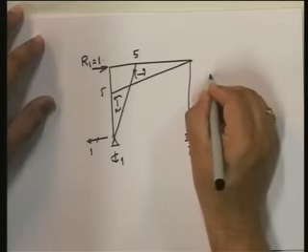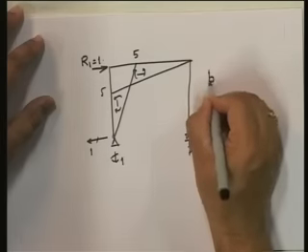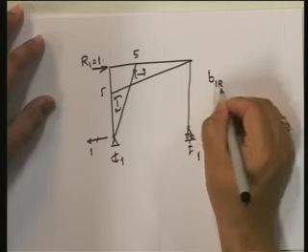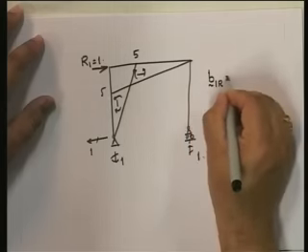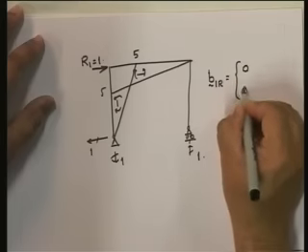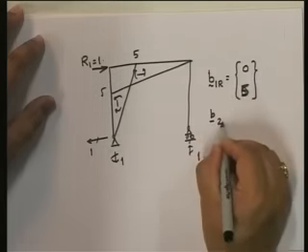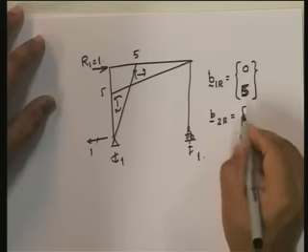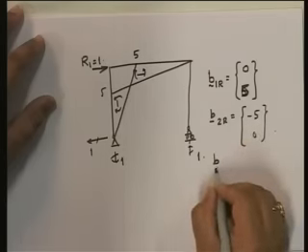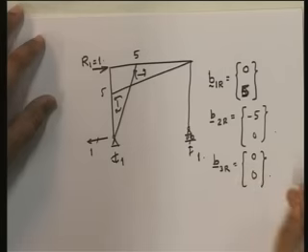So here you will see that B1R is equal to 0, 5, B2R is equal to minus 5, 0, and B3R is 0, 0.